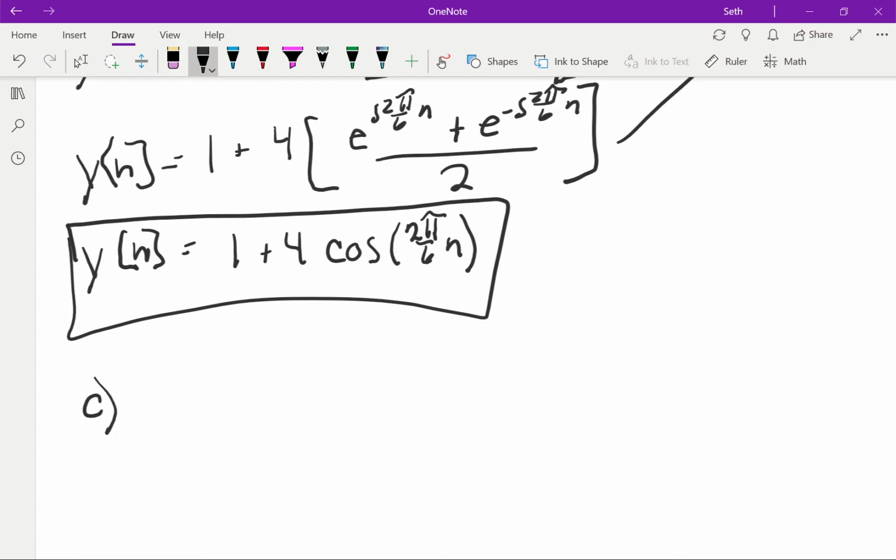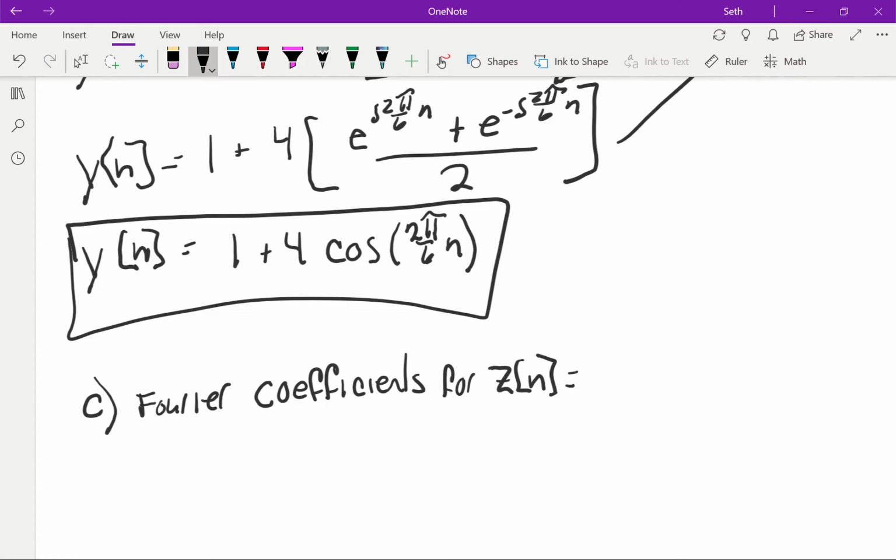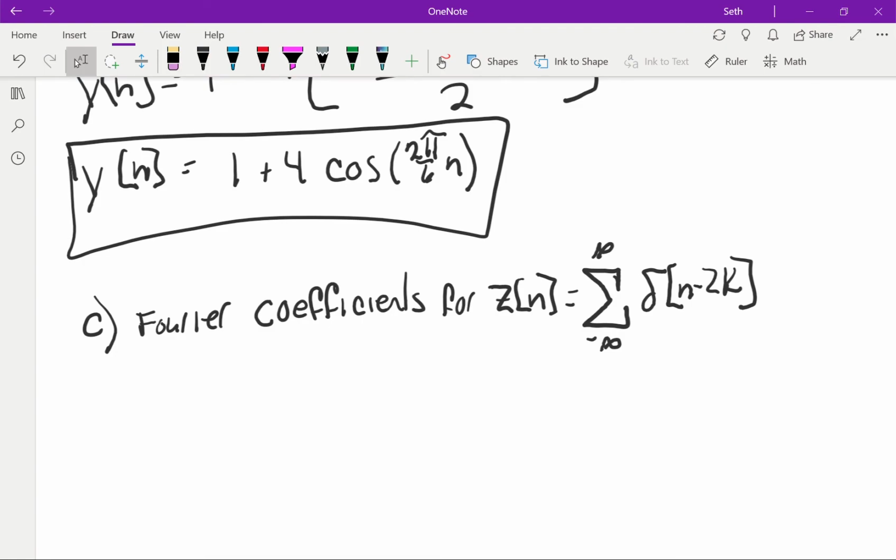So C is asking us to find the Fourier coefficients for z of n, which we're told is equal to the summation of deltas, and we're told that the fundamental period is 2.